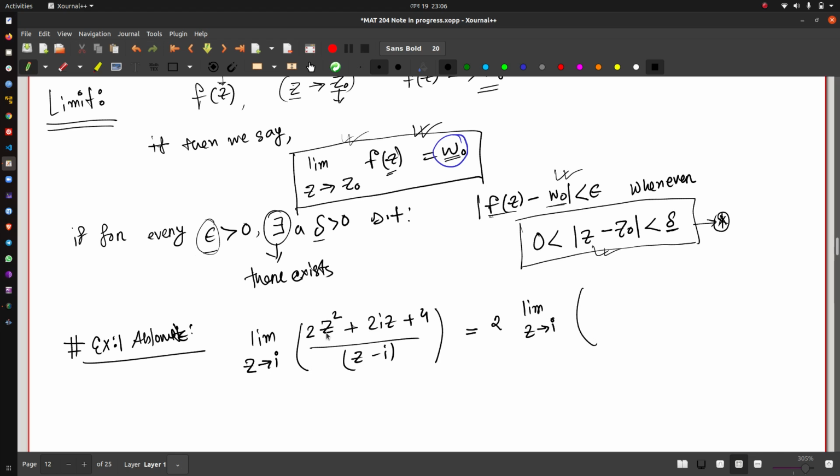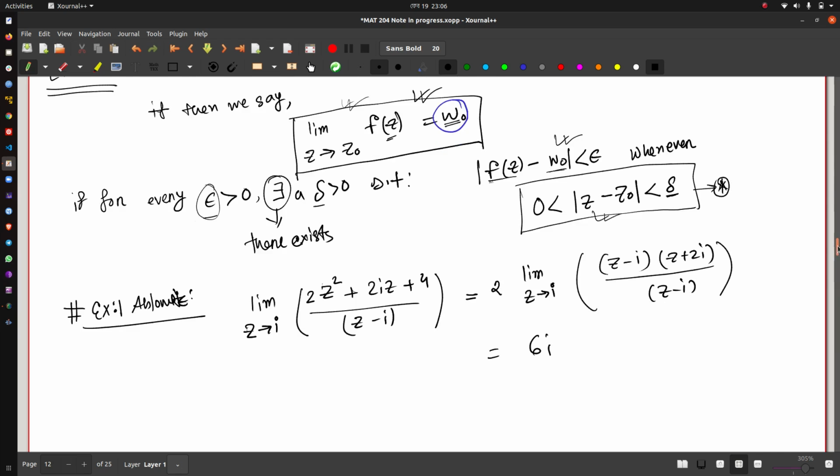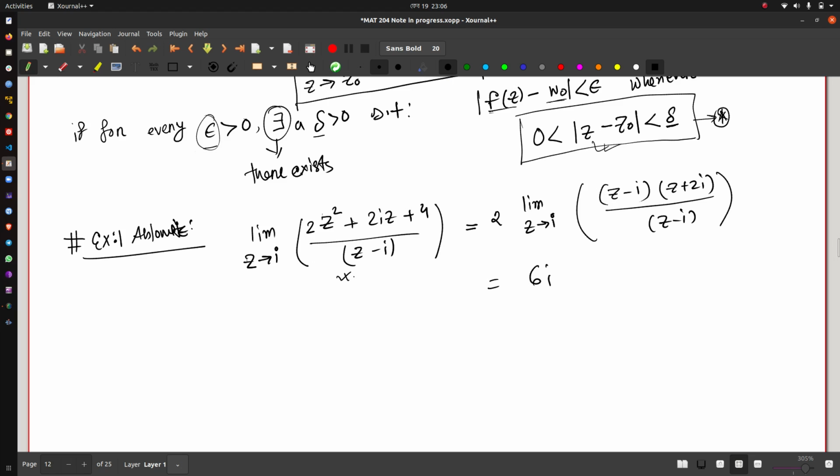Then you can factor out this 2z squared plus 2iz plus 4 in the following manner, in terms of a middle term breakup, if you want to call it like that. This will be just 2 times z plus 2i, z minus i divided by z minus i, and if you calculate the limit, this is just 6i. Now, is 6i actually the limit of this function given over here? Let's check with the help of epsilon and deltas. So this is the epsilon delta check.